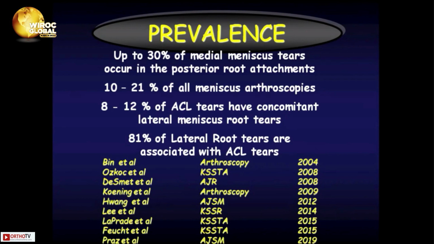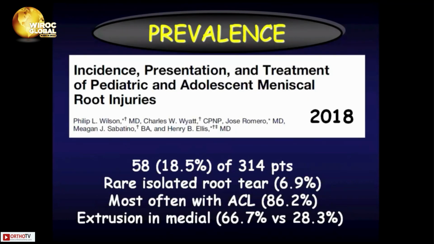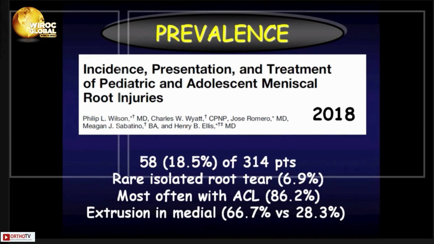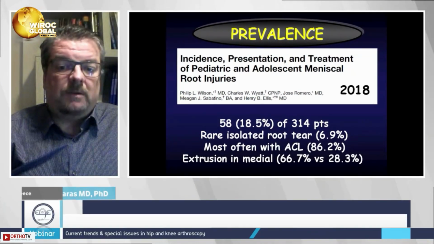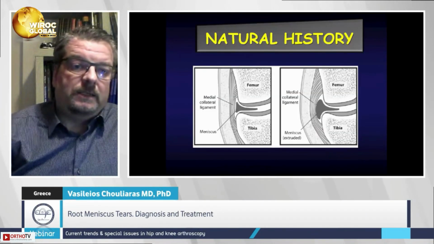So we must identify these tears and treat them appropriately, especially in young patients. A quite recent review of pediatric and adolescent patients found that almost 20% of these patients had a meniscal root tear, especially with an ACL tear.